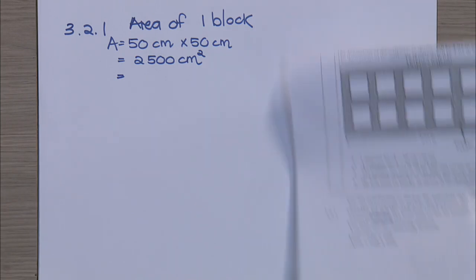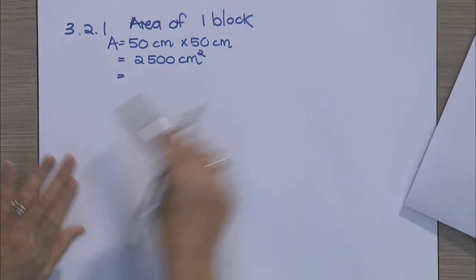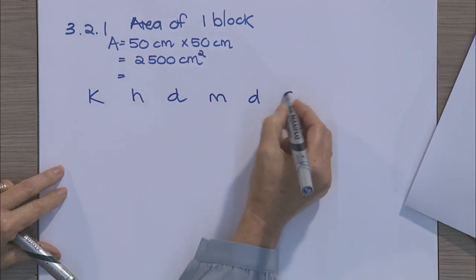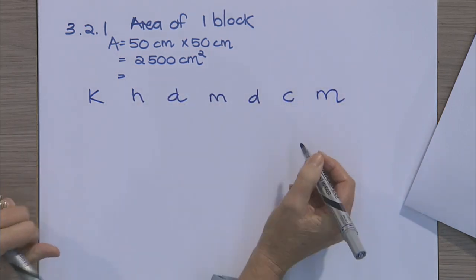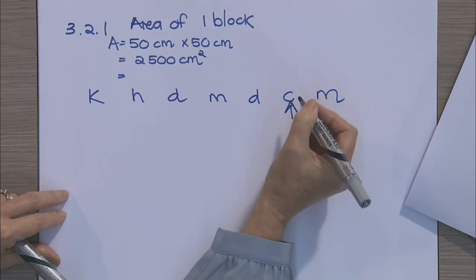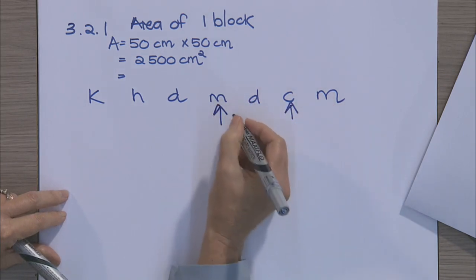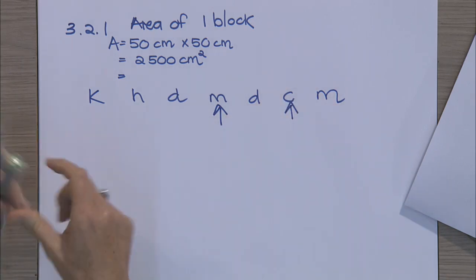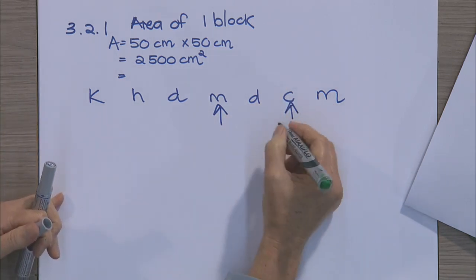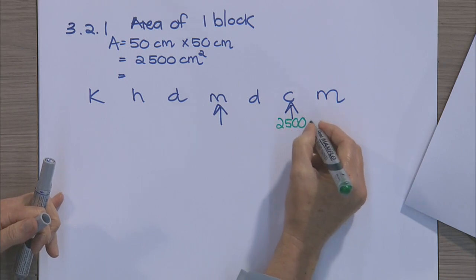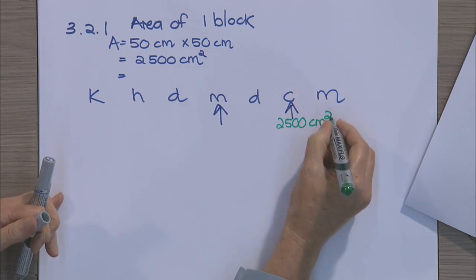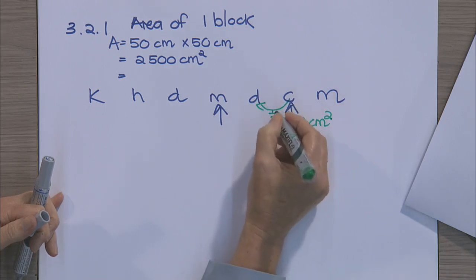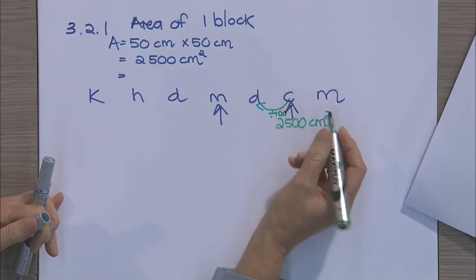So if we are going to do the conversion, where are we? We are there. Where do we want to go? We want to go to meters. We have a slight difference now because we have 2,500 centimeters squared. So we are converting in area. So each jump will now be 100.